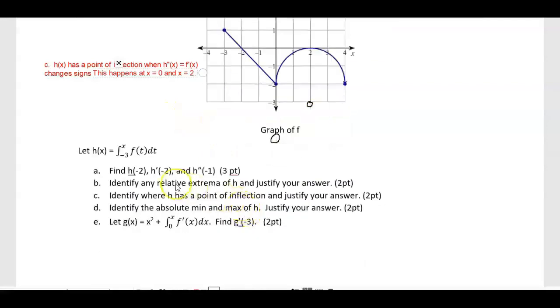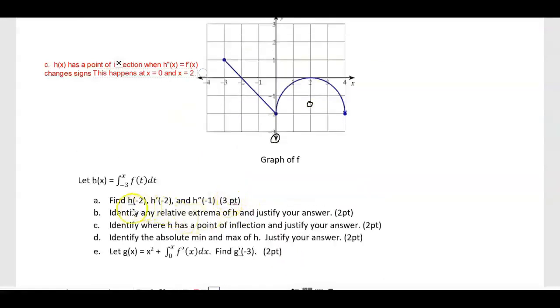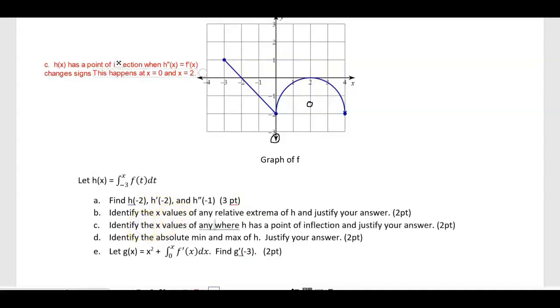And honestly, I should have changed the way these questions are worded anyway, and I'll do it on your guys' worksheet. I should have put here, to be more specific, identify the x values of any relative extrema of h, and also identify the x values of any points of inflection. There.